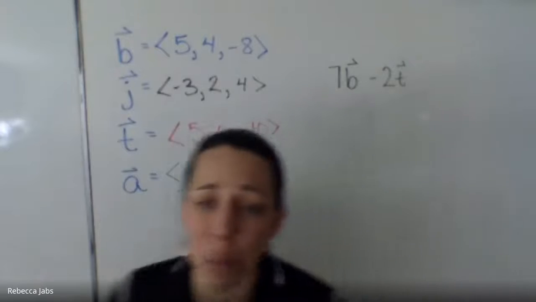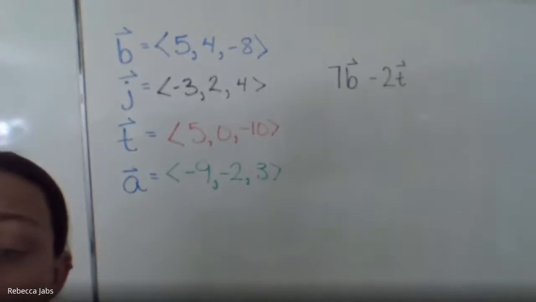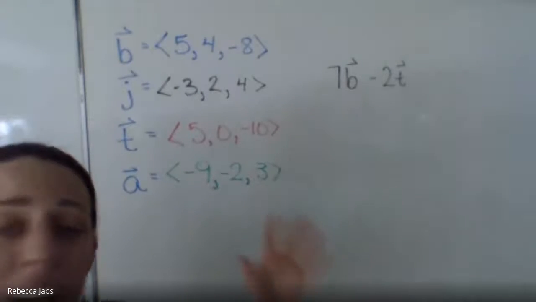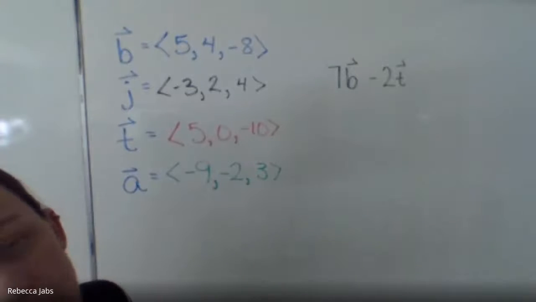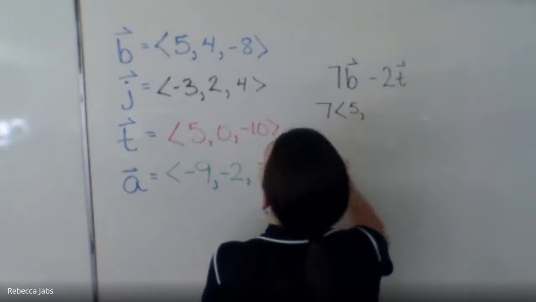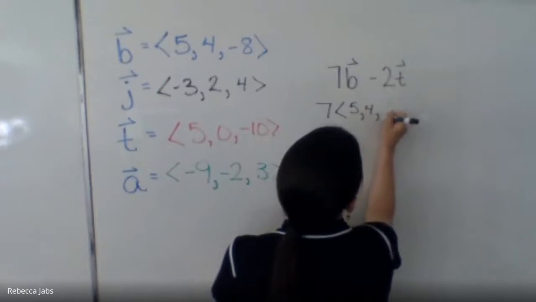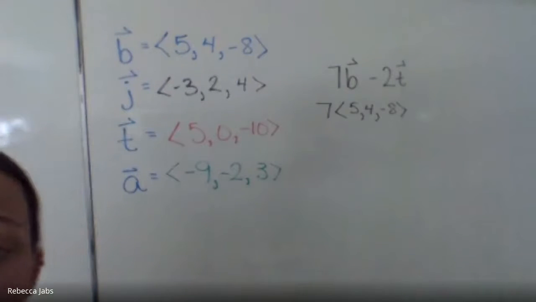So we've already done this with 2 components. It shouldn't change much. It might be helpful for you when we actually have to do distribution to write another step or 2. Some people really like to write the 7 first and then rewrite vector B, and then show the work of distributing that 7.